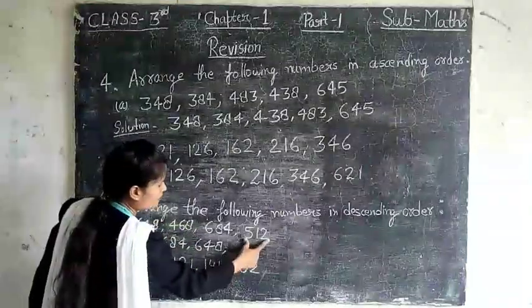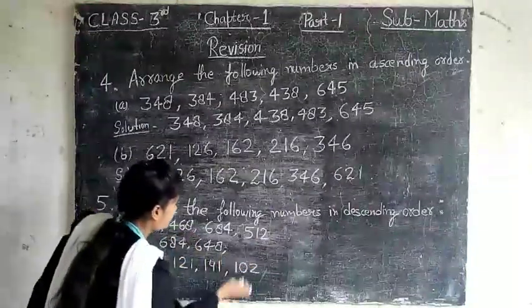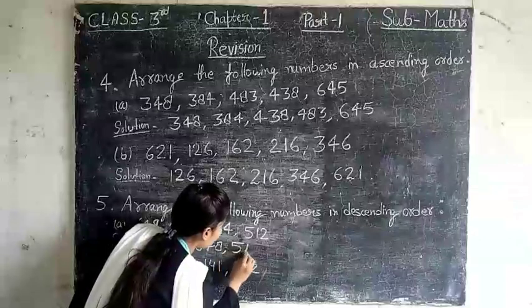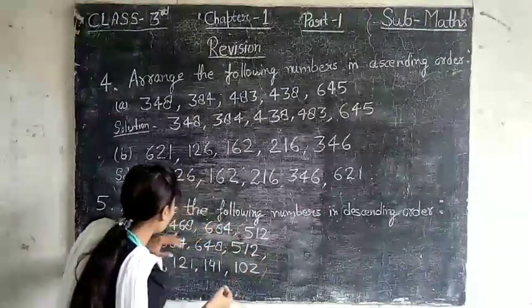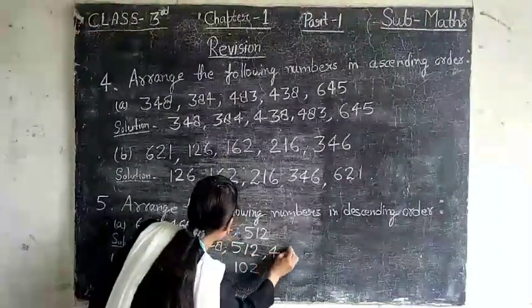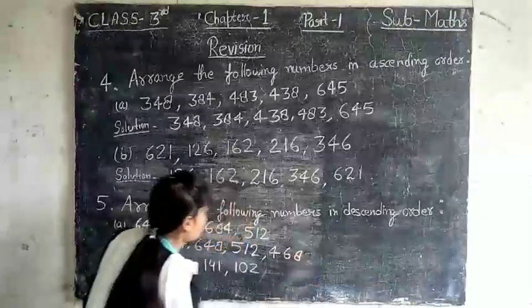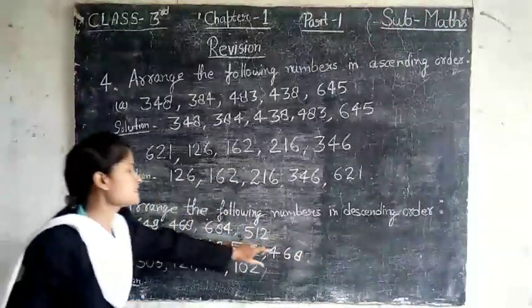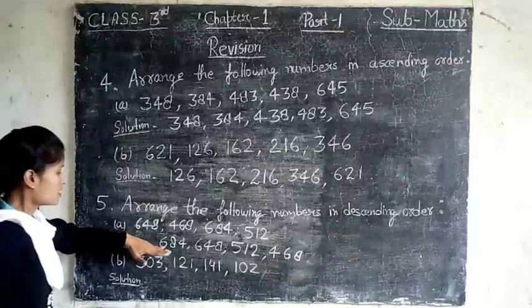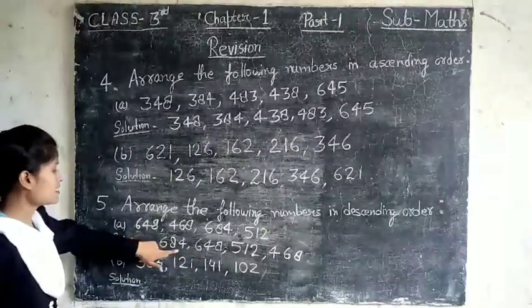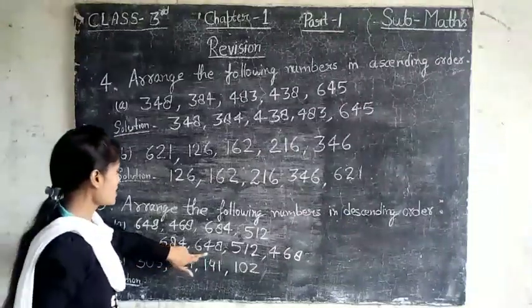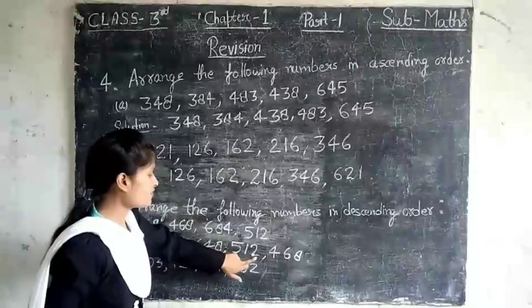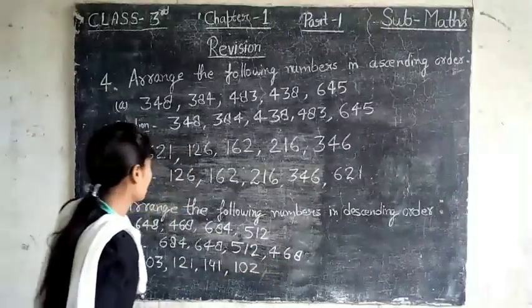Here 512 is greater, so 512 is here, and now last is 468. So this order is descending order, which is read as 684, 648, 512, 468.